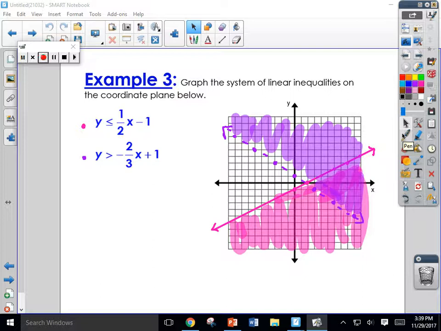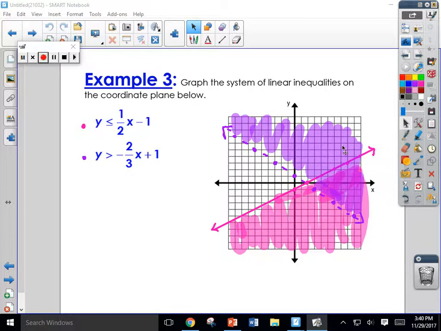So now that I have this done, let's talk about the answers to a system of equations. Whenever I graph a system of equations, the answer is the point where they cross. So in this case, whenever I graph a system of linear inequalities, it's the shaded part that they share, where all the solutions fall.